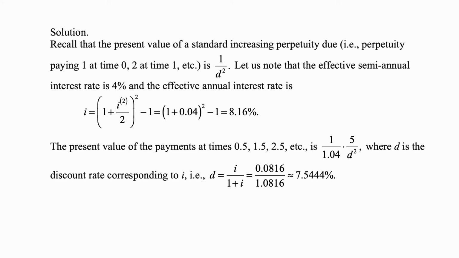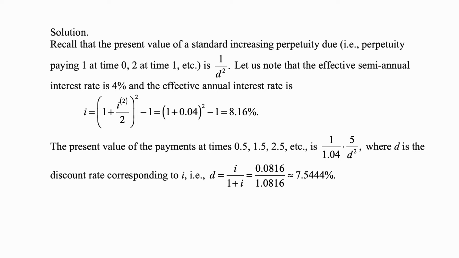The present value of the payments at times 0.5, 1.5, 2.5, and so on is 1 over 1.04. That brings it back half a year, because 4% is the effective interest rate per half a year, times 5 over d squared. So the payments are 5, 10, 15, and so on. So it's a multiple of 5 of a standard increasing perpetuity due.